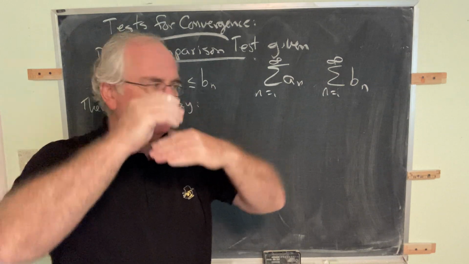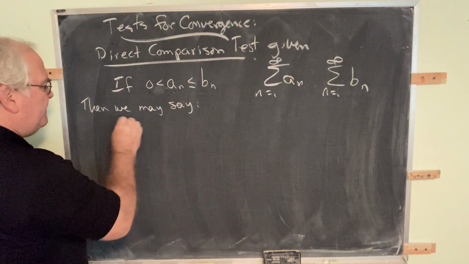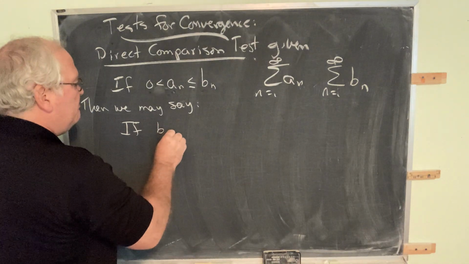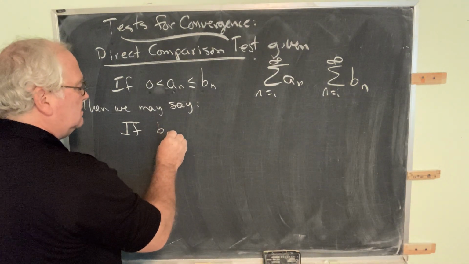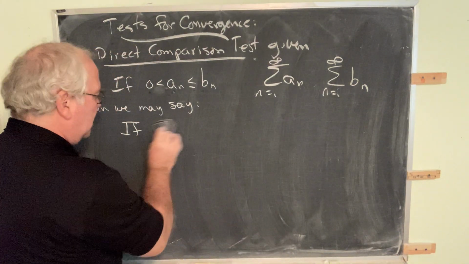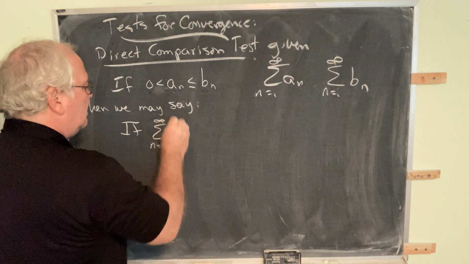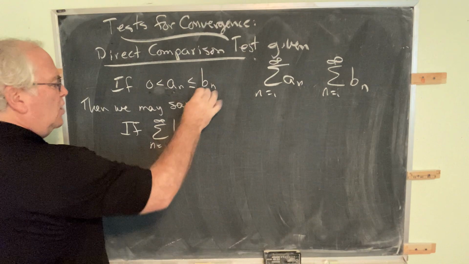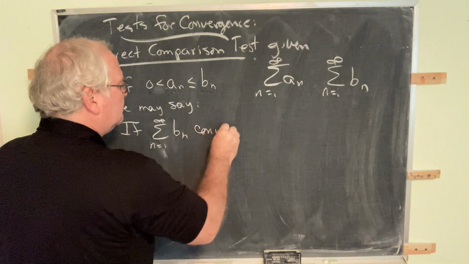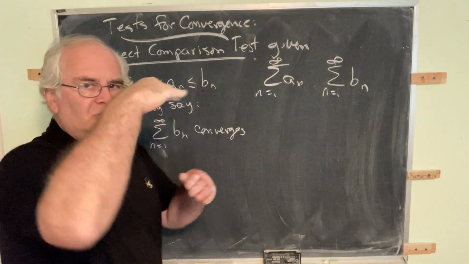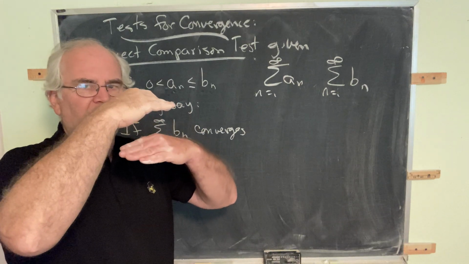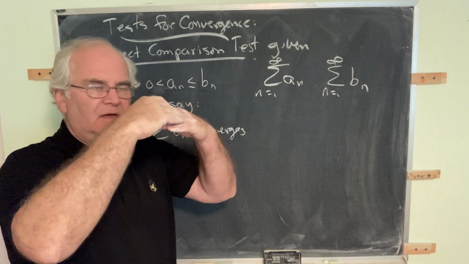All right? So it says this. If the sum of b_n, let's say it this way, if the larger one converges, if the larger one is finite, the smaller one must be finite. It cannot escape to infinity.